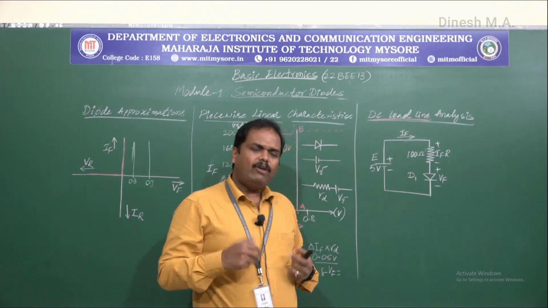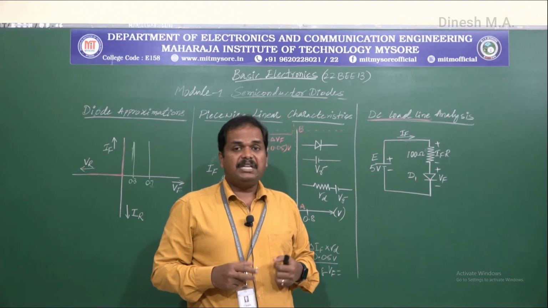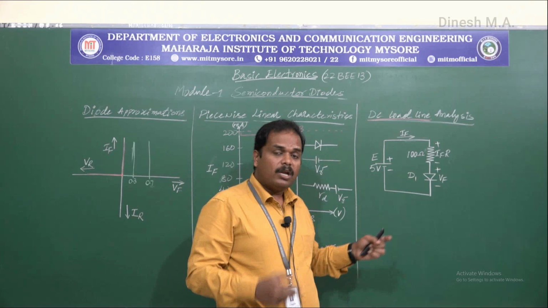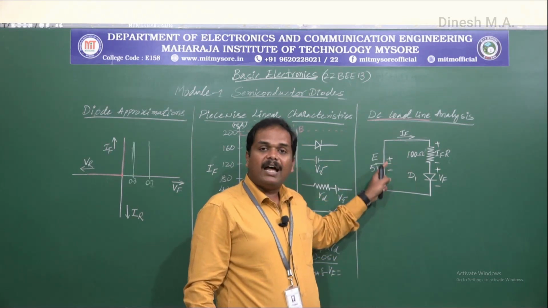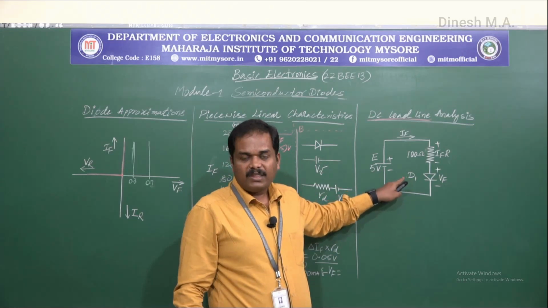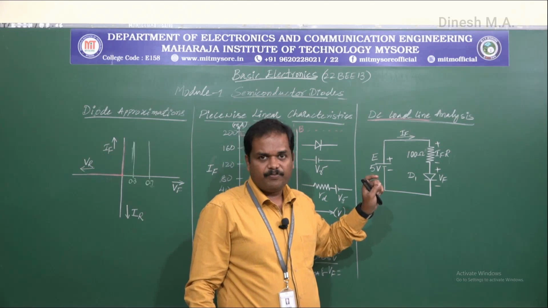Now why do we use the DC load line analysis? If you want to find out the precise values of the current and voltages involved in the circuit, then we would use DC load line analysis, right?